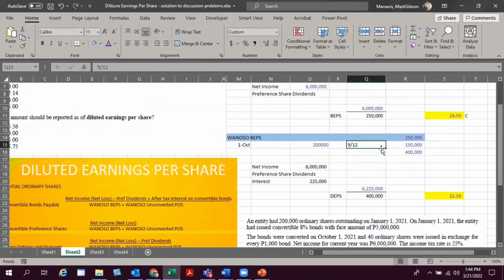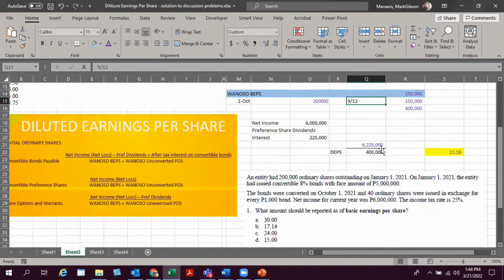So that's 9 over 12, from January to September. So 200,000 multiplied by 9 over 12, that's 150,000. So just get the sum, 250 plus 150, that would be 400,000. So 6,225,000 over 400,000 shares. So that's 15.56 or letter A.